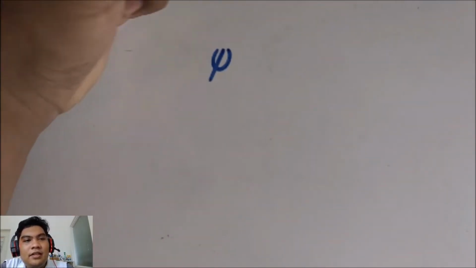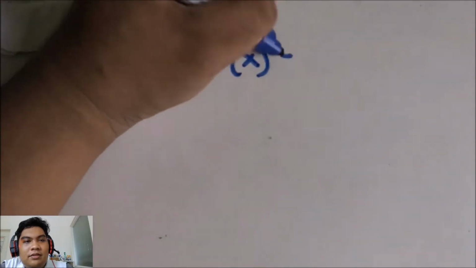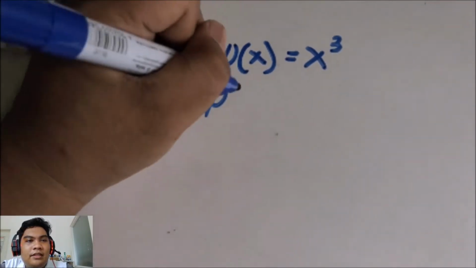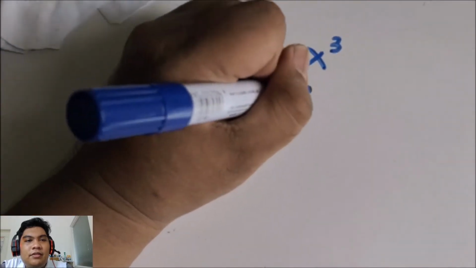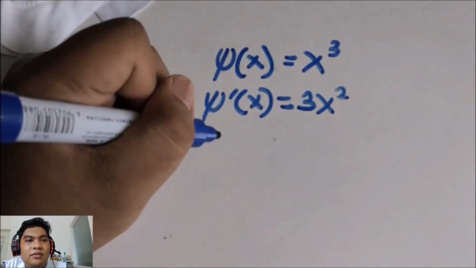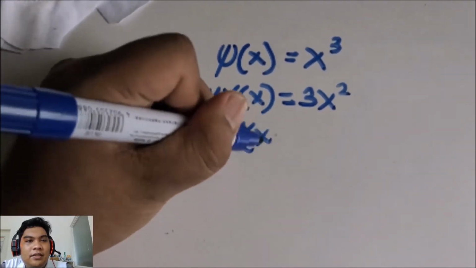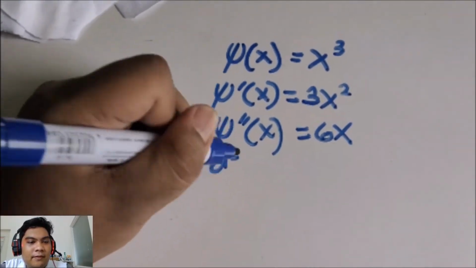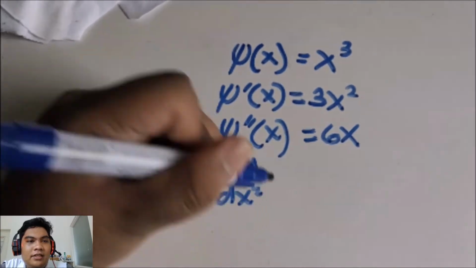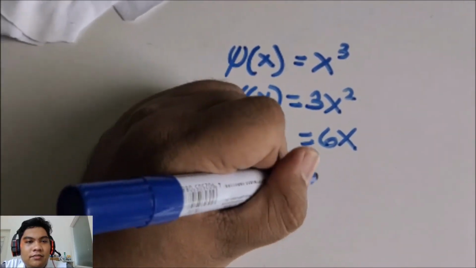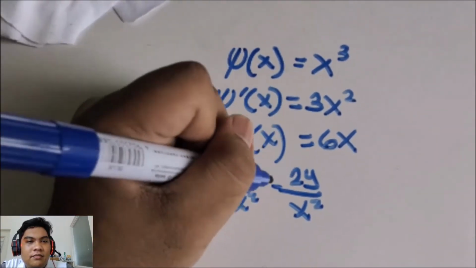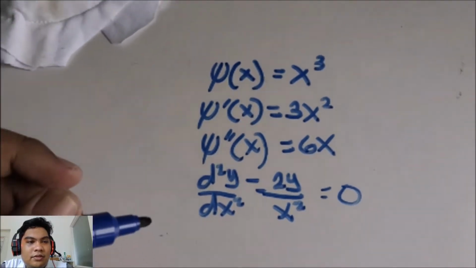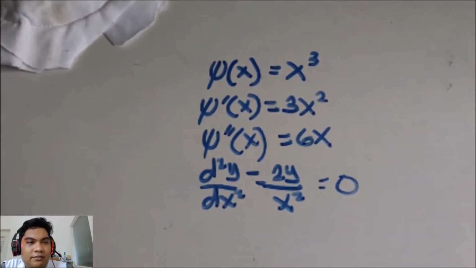Now let's try psi of x equal to x cubed. We get the first derivative, which is equal to 3x squared. And the second derivative is equal to 6x. Then we write again the differential equation, and we substitute the values of the derivatives.